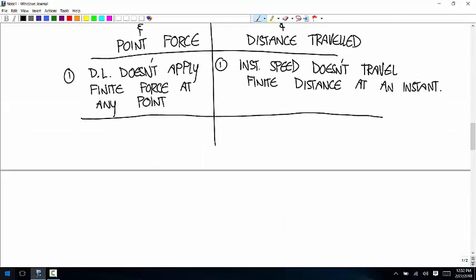Number 2, to produce a finite force, a distributed load has to act over a finite distance, over an interval of distance.